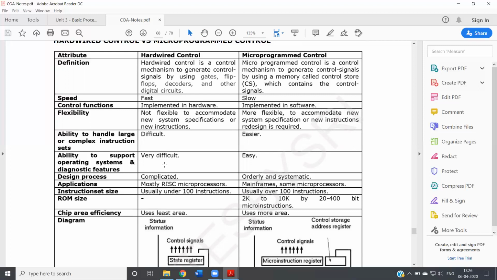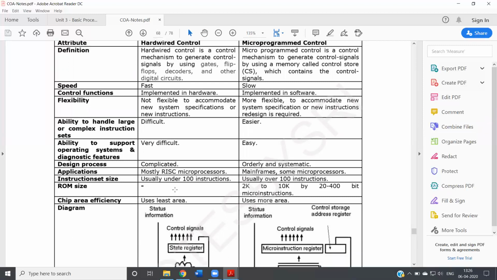The design process is quite complicated in hardware control because it uses many hardware components, many gates, whereas microprogram control has an orderly and systematic design process. Hardware control is generally used in RISC-based microprocessors, whereas microprogram control is usually used in CISC-based microprocessors, so mainframes.